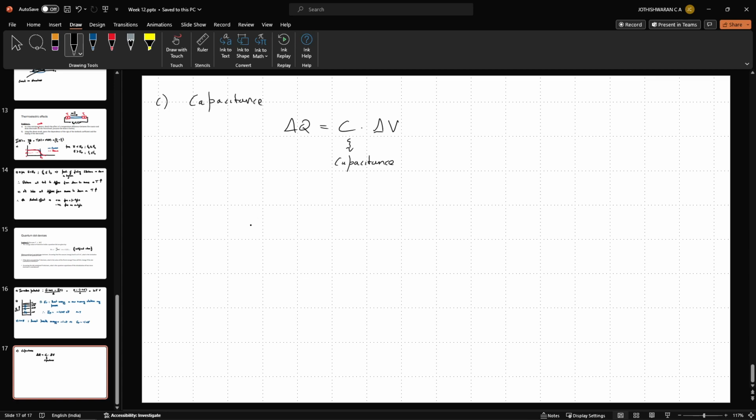Now I can multiply by delta Q on both sides. So now I will have delta Q whole squared is equal to C times delta Q times delta V, and this quantity is actually delta E, the energy. So this is C times delta E.